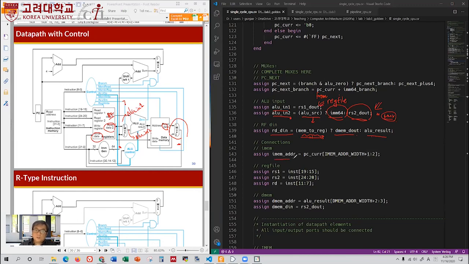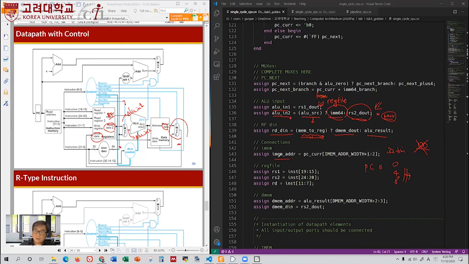Then this is the instruction memory address. I said that the instruction size is 32 bits, so the program counter is a multiple of 4. That means the program counter increases like 0, 4, 8. So the instruction memory does not require the last 2 bits, the LSB 2 bits of the PC value.